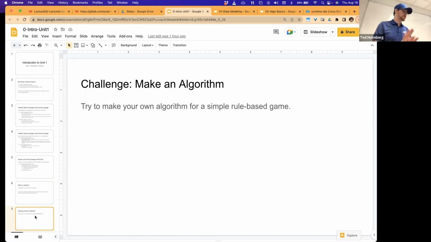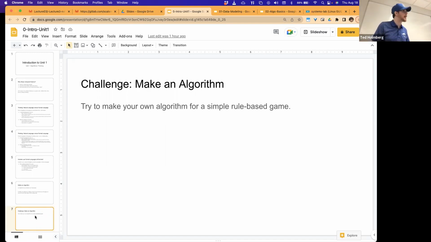Now, I'm not going to spend any lecture time actually doing that, because that would be a waste of your valuable lecture time. I only get so many hours each week, and I have a lot of information that I want to share with you over the course of the semester. But I challenge you, in your own time, to see if you can create an algorithm and see how effective and efficient you are, at least just using natural language or a form of pseudocode, so it's human readable.